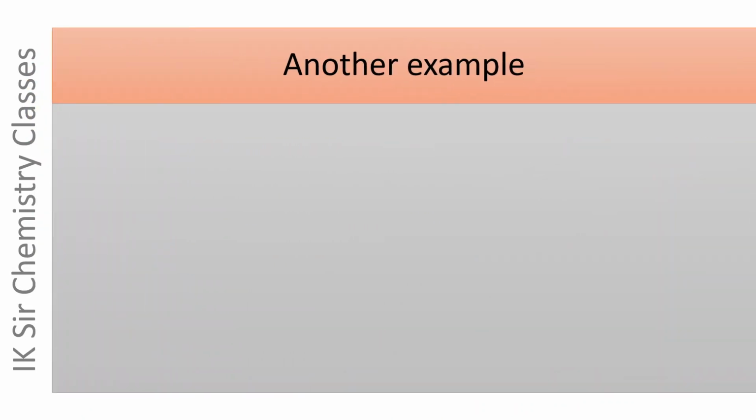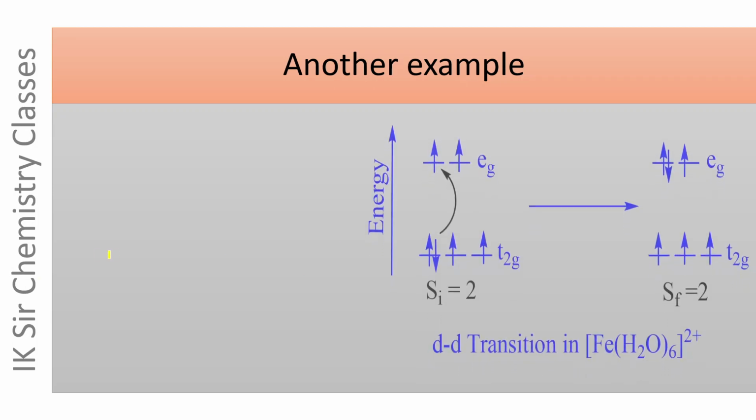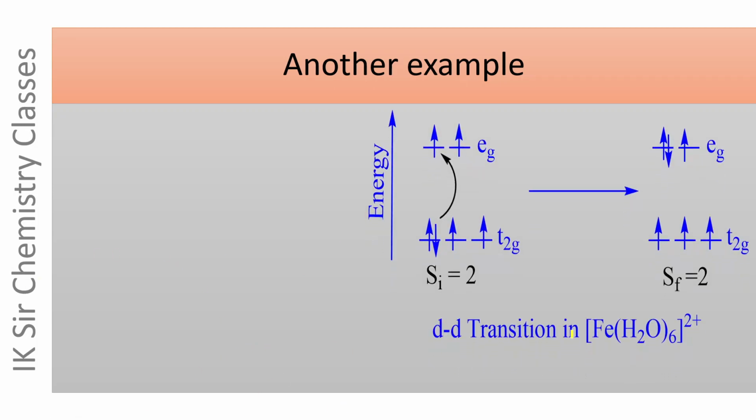Let us consider another example of [Fe(H2O)6]2+. It has iron in +2 oxidation state with 3d6 electronic configuration. This complex is also a high spin complex because H2O is a weak ligand. The first electron, second, third, fourth, fifth, and sixth.